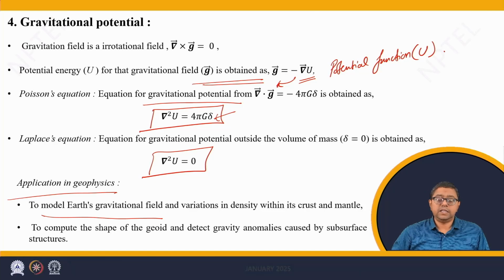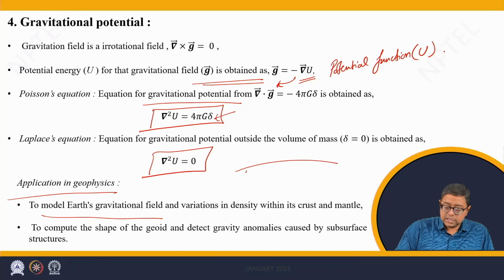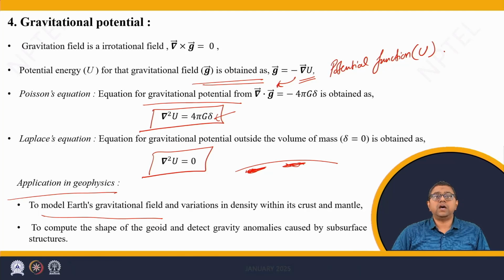This means that if this is the surface of the Earth, there may be structures which are higher density than the surrounding. This leads to the gravity anomalies, which are nothing but variations in the gravity readings which are made by surface measurements.